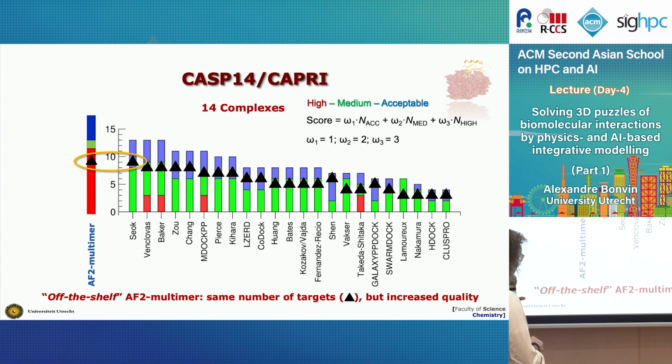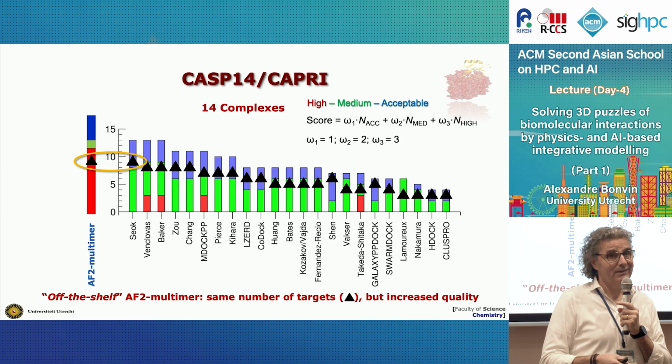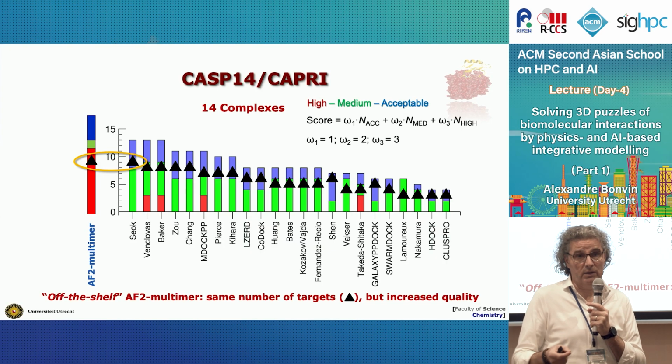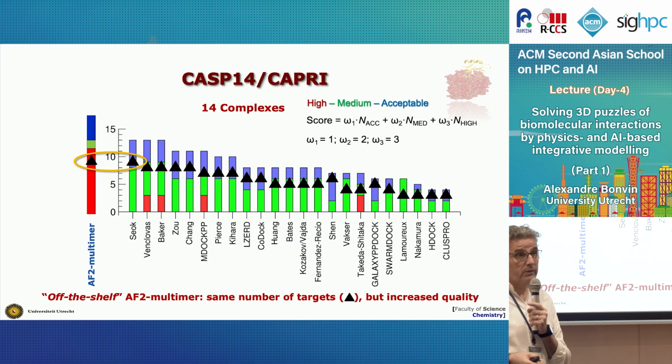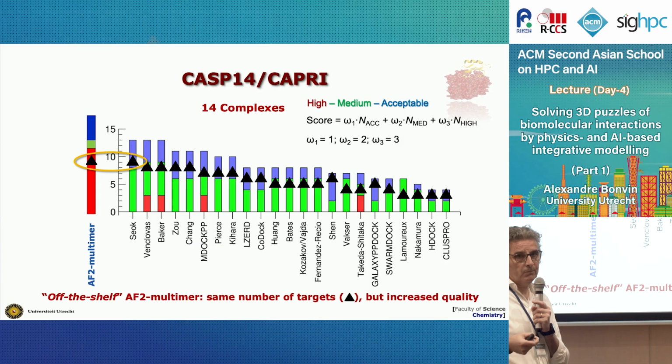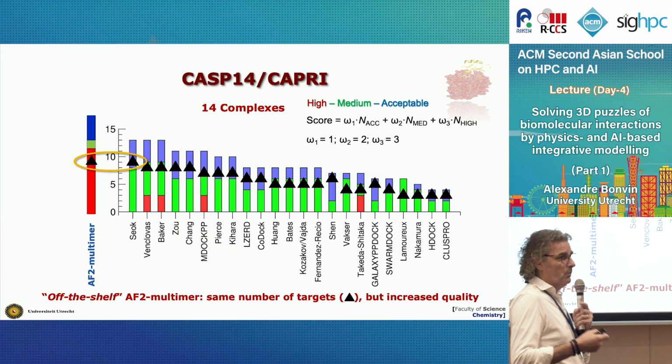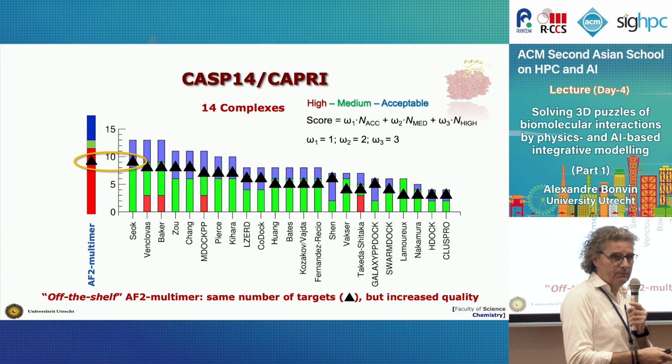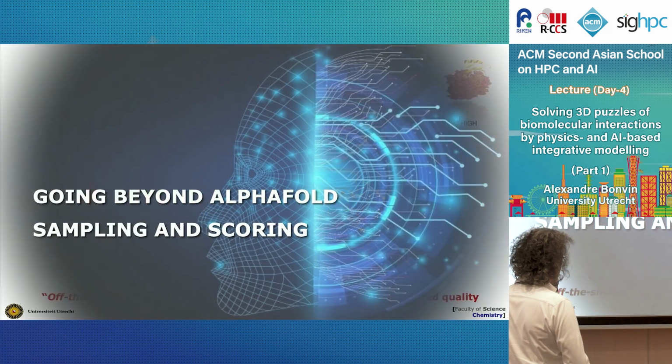The number of targets that it's correctly predicting is not different from what the human groups have been doing. Okay, it's predicting 9 targets out of 14 correct, and the others are simply wrong. But you can see from the bars that the quality of the prediction is much better than what the human groups have been doing. Okay, so AlphaFold can also deal with complexes, although it has not solved everything when it comes to complexes. So there's still work to go.